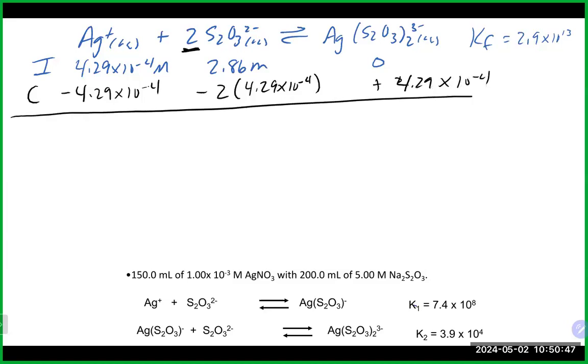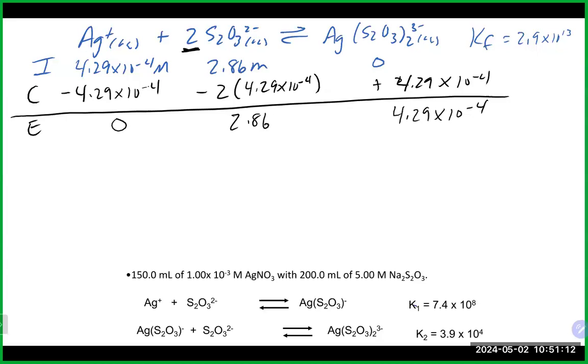That means at equilibrium, we will have nothing of that guy. We will have basically 2.86 still, and 4.29 times 10 to the minus 4 in this case. First off, any questions on that?